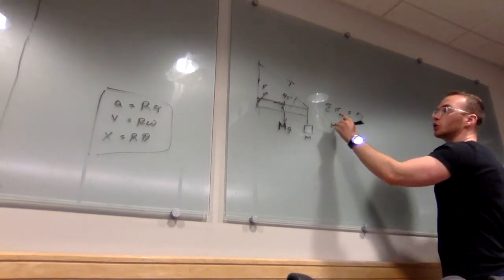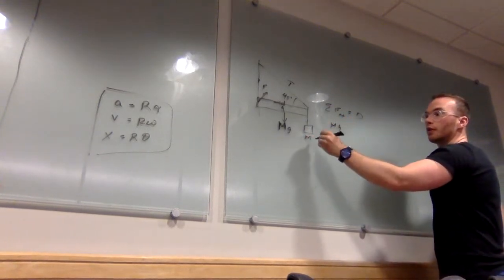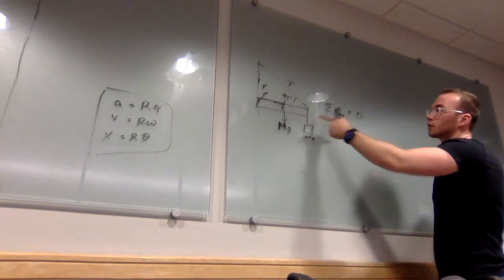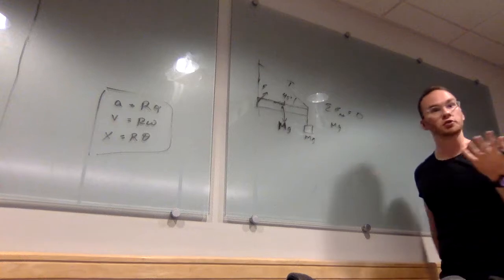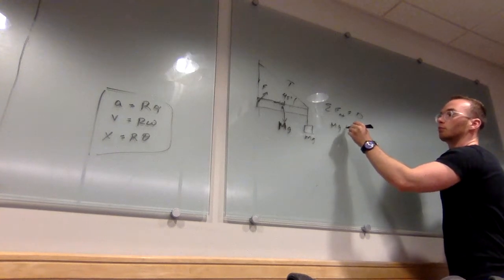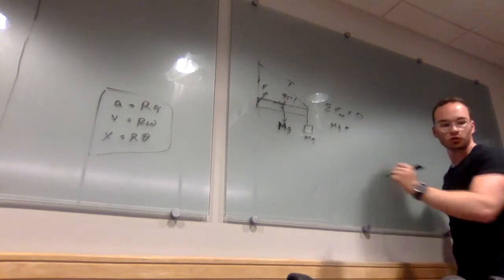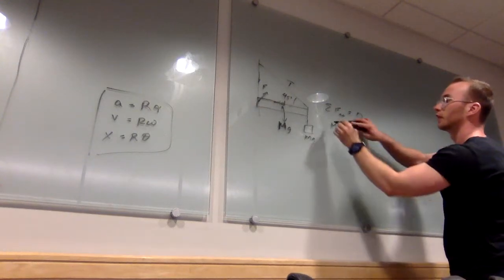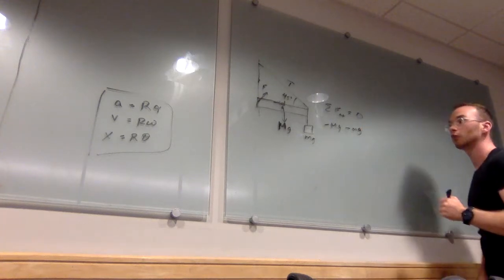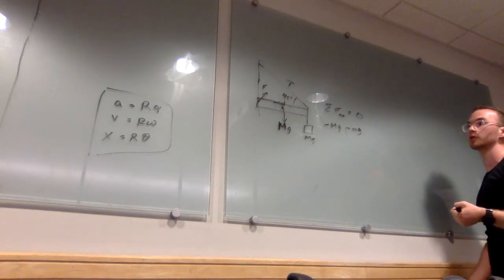Well, we have mg from gravity. This is a block that's on the end. So how does it affect the force? It's still just a force on the rod, right? So it's plus. I guess I should do minus. Sorry, these should be minus because they're down. So those are two downward forces.